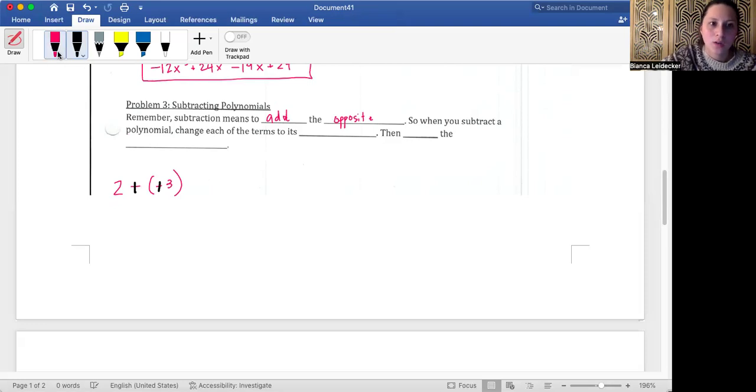And so when we're subtracting polynomials, we got to keep that in mind. So when you subtract a polynomial, change each of the terms to its opposite. Then add the coefficients.